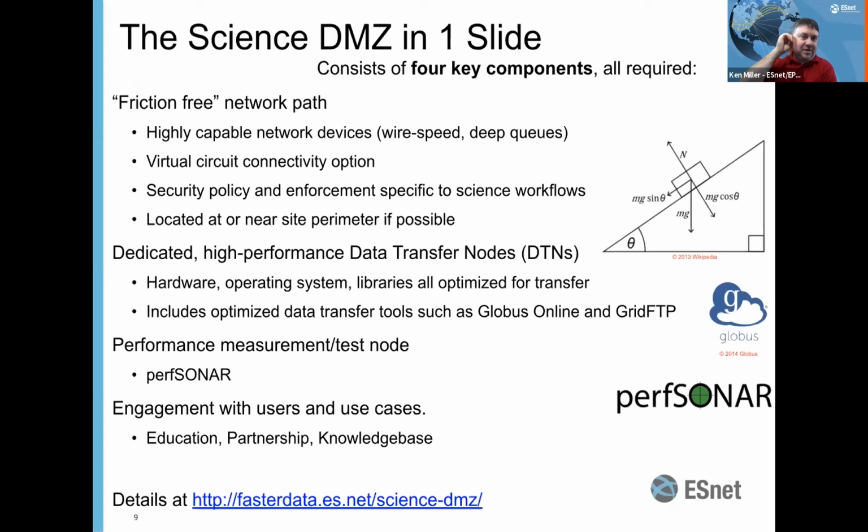And as we do this, we talk about the different components that go into a performance-based network, where you have a friction-free network path so that the highly capable data transfer nodes can do the transfers at the speed they can transfer at and as they're tuned to do.